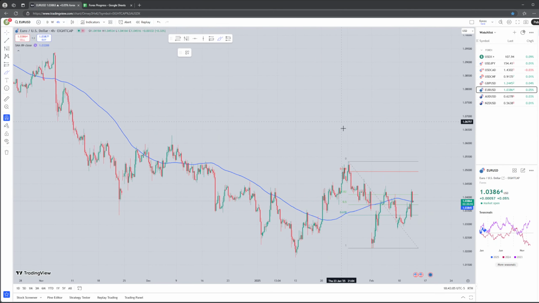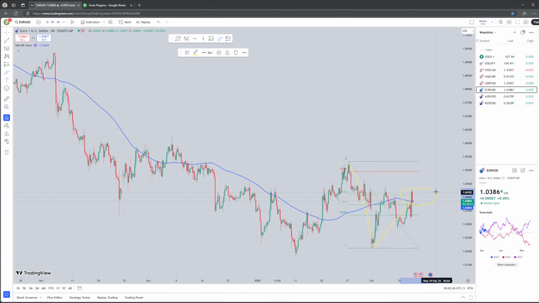Okay, Euro USD. So here we clearly have the downtrend started like this, because we have a lot of candles consistently behaving below the blue moving average line, which confirms the downtrend, and USD is getting stronger against the euro. Since then the market has retraced into a good zone.